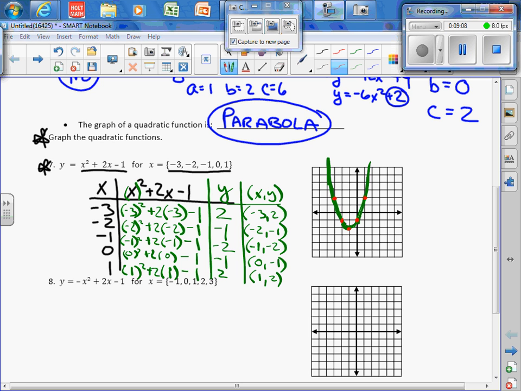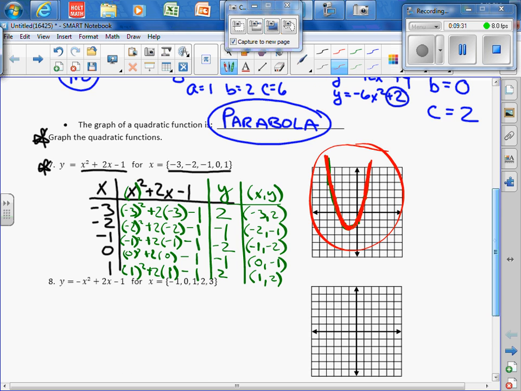If done correctly, you would have gotten negative 3, 2; negative 2, negative 1; negative 1, negative 2; 0, negative 1; and 1, negative 2, and come up with this parabola right here. Notice how it's drooping between, this is a drooping string between 2 points. If you're holding up a string and letting it sag like that, that's what it's going to look like.